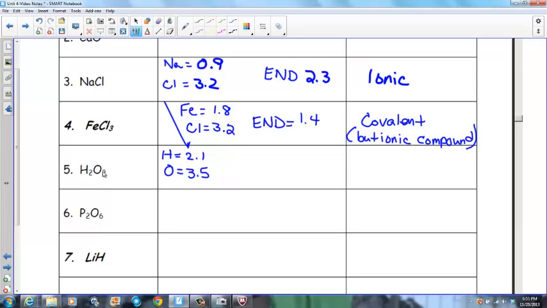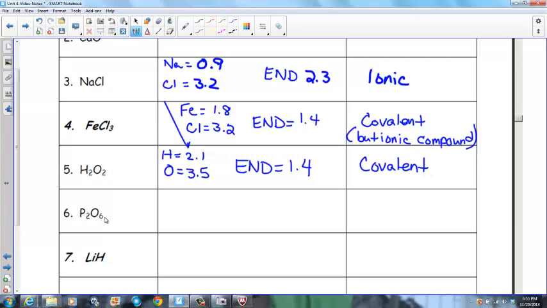Okay, you're only dealing with hydrogen and oxygen. Doesn't matter how many you have. It's still the electronegativity difference that's going to determine what type of character it has. So our END here is going to be 1.4, just like water, and that makes it covalent. And again, that matches up to nonmetals, covalent.